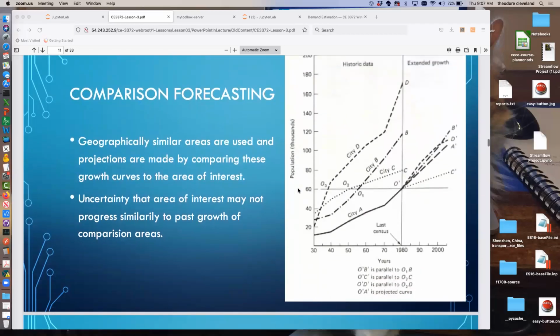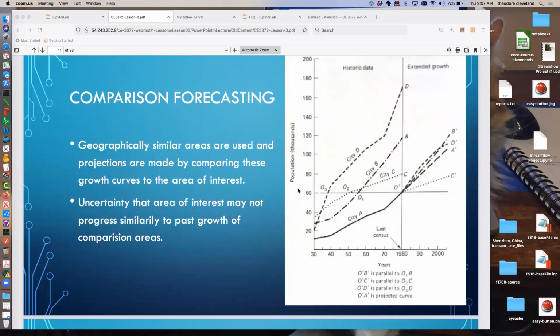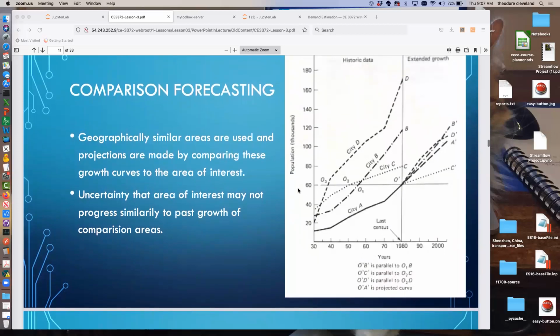There's another technique called comparison forecasting, where you take geographically similar areas and make projections in your design area based on somewhere else. There's a fair amount of uncertainty in these, but that seems to be as defendable a methodology as any other.